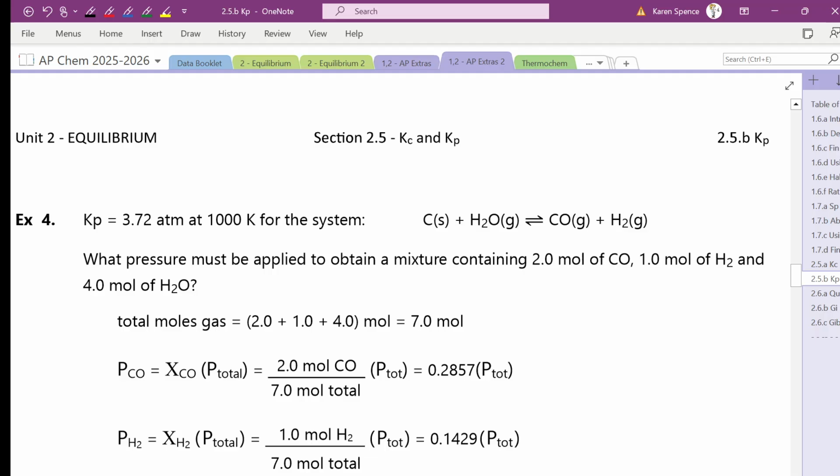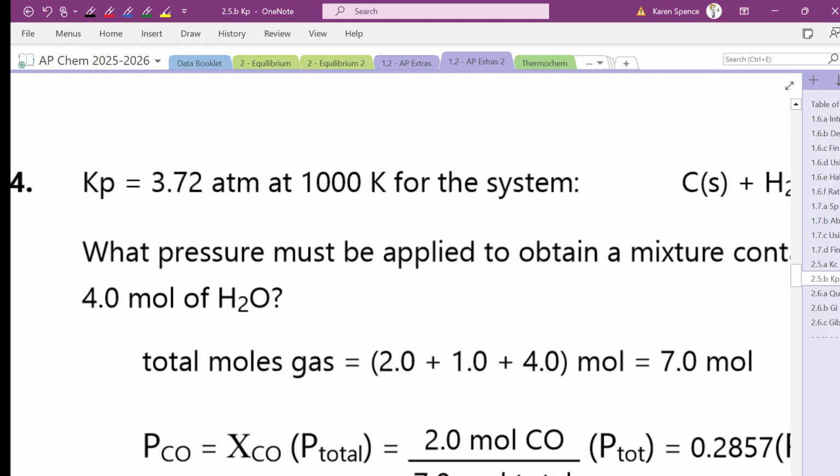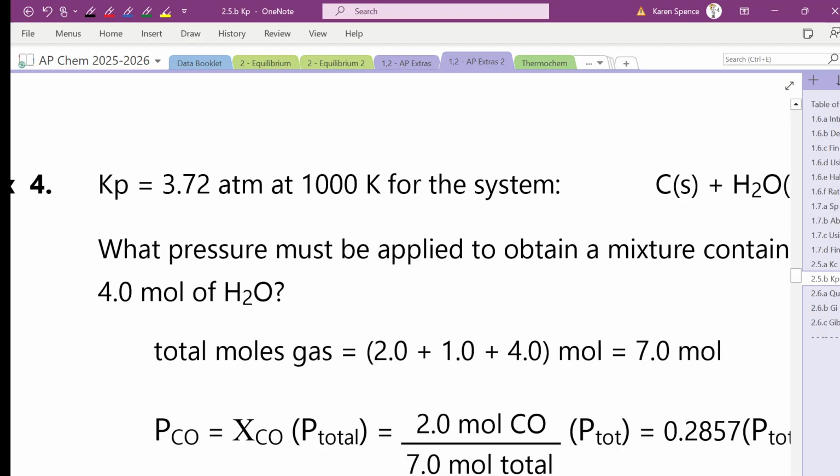We are told that Kp is 3.72 atmosphere. What? Why is there atmospheres there? That should be gone. Okay. Fix. Because Kp has no unit.